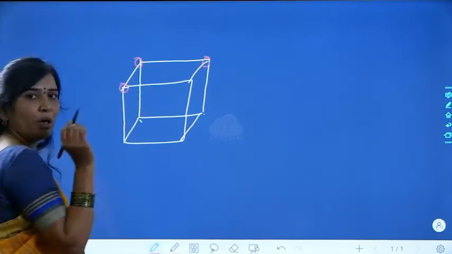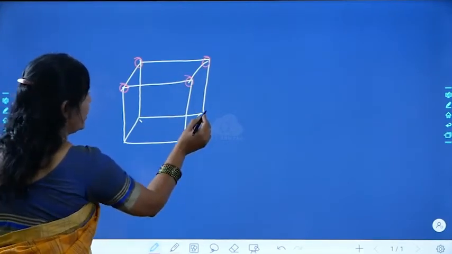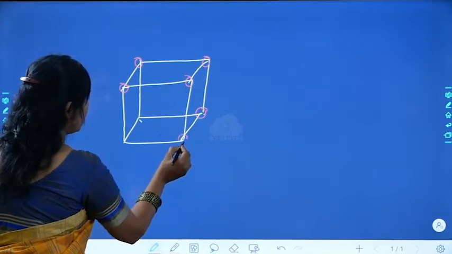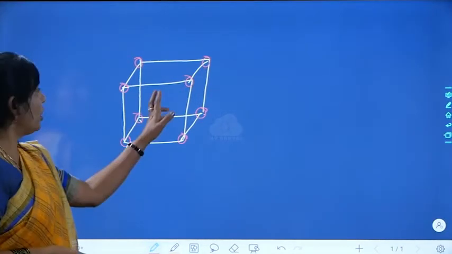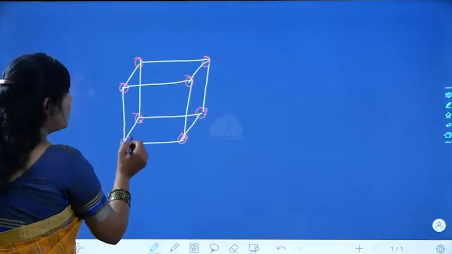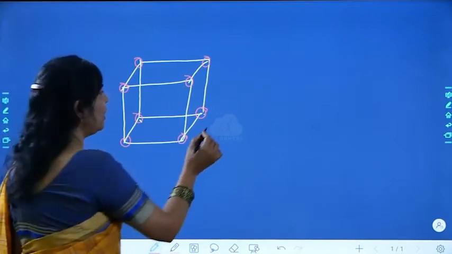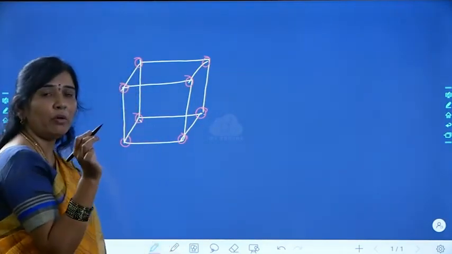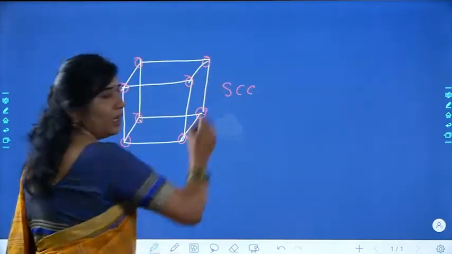It may be atoms, ions or molecules. We are calling them constituent particles. Look here. Constituent particles are present only at the corners. Such a unit cell is known as primitive unit cell or else simple cubic unit cell.